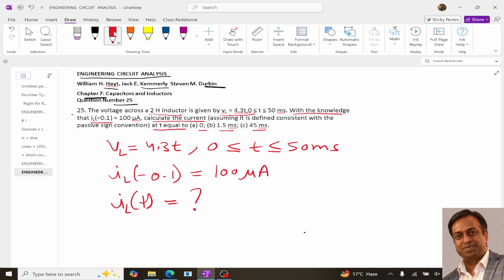Now for the inductor, if we know the voltage and want to determine the current, then we need to do the integration. The integration goes from t naught to t dash of v(t) dt, plus the starting current I naught.